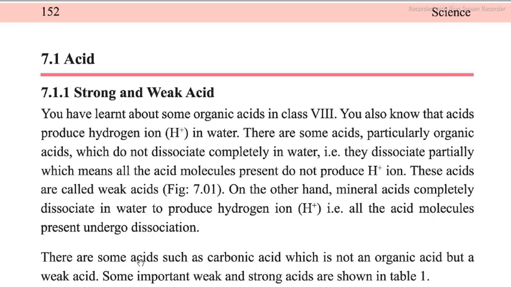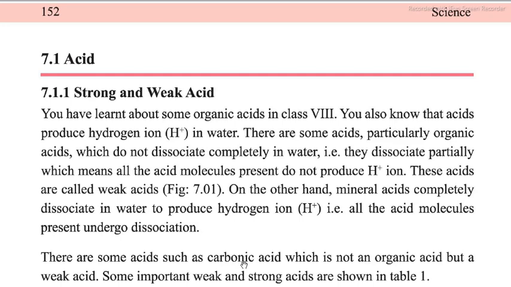There are some acids such as carbonic acid, which is not an organic acid but a weak acid. So important weak and strong acids are shown in Table 1.